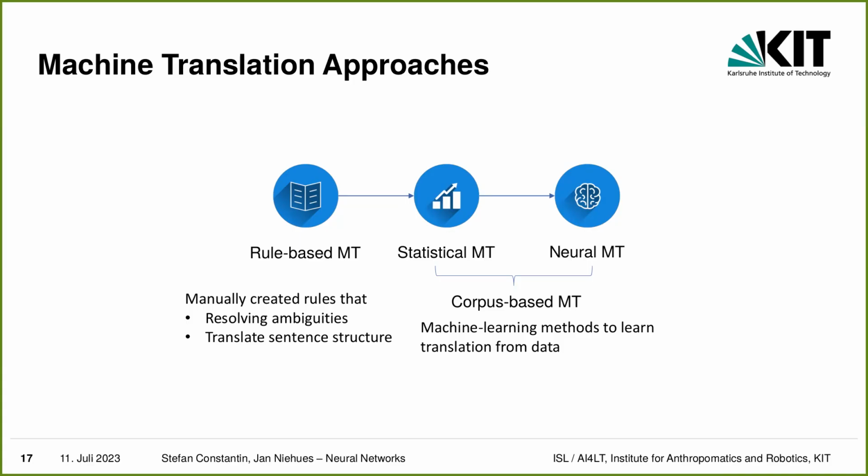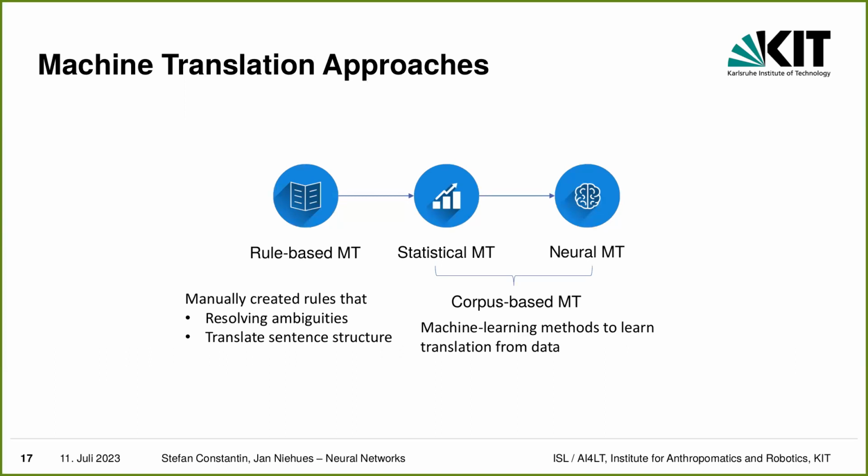But it's a lot of work, and it doesn't really work that well because real language doesn't fit into these rules that well, and there are just too many exceptions.